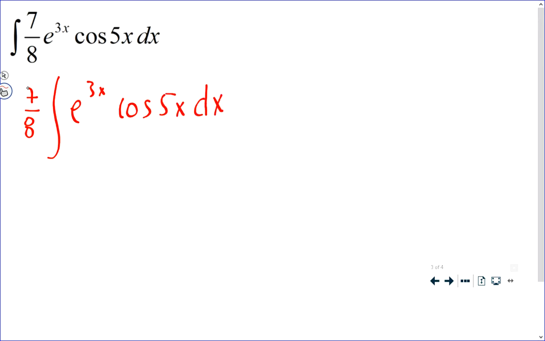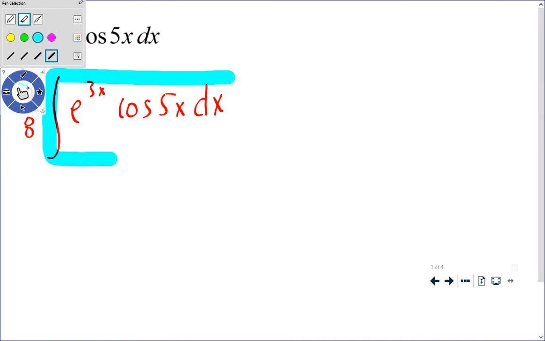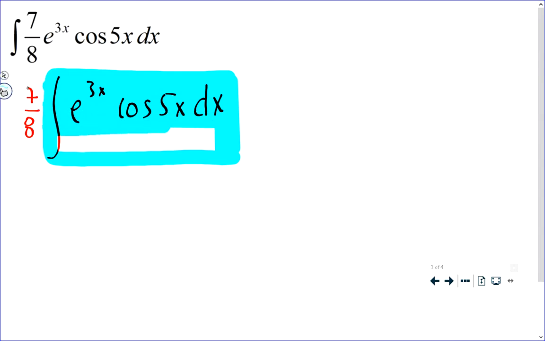And then what you could do is focus your attention on this integral. In other words, ignore the 7/8. Do integration by parts twice with this integral, and then multiply the result by 7/8.